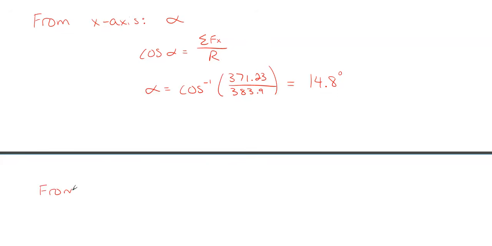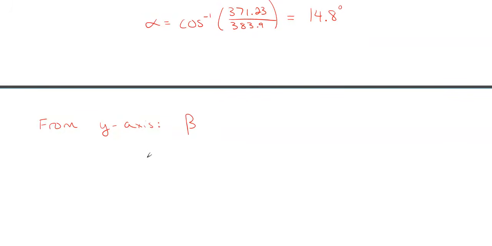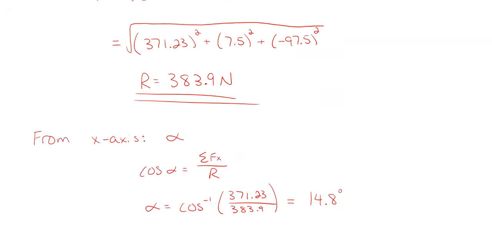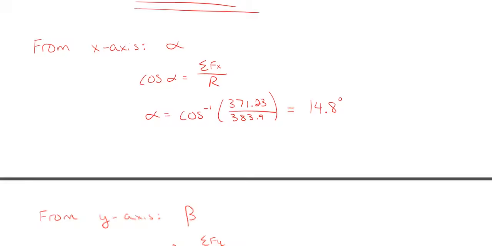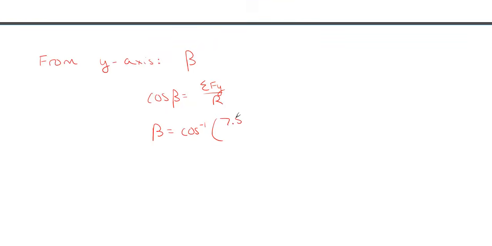And now we're just going to repeat that process for the y and z. And it's going to be the same basic layout. The y-axis is commonly referred to as the beta angle here. So we're going to have cosine of beta is equal to the summation of Fy over R. So beta is equal to the cosine inverse of the summation of Fy over R. So if we scroll back up here, we would have 7.5 over 383.9 newtons.